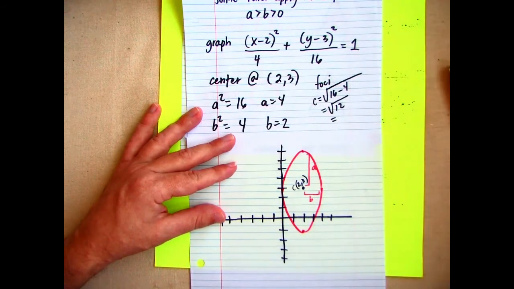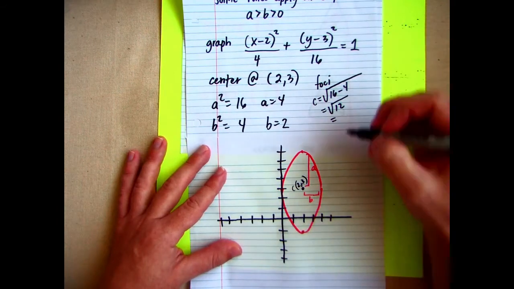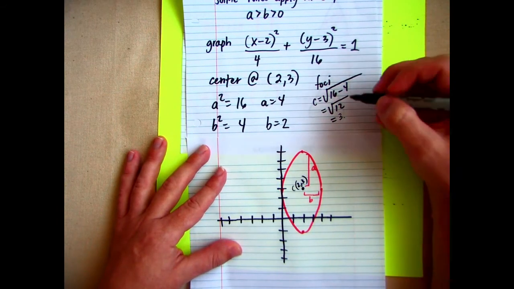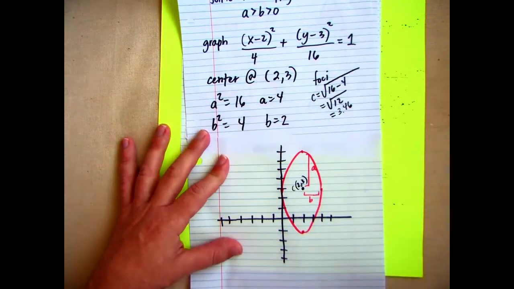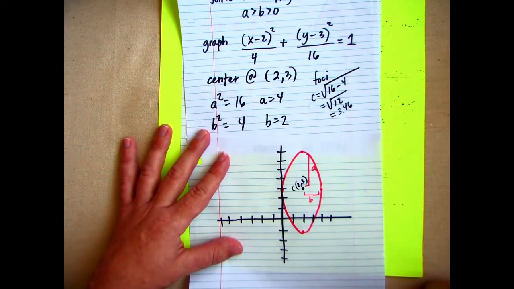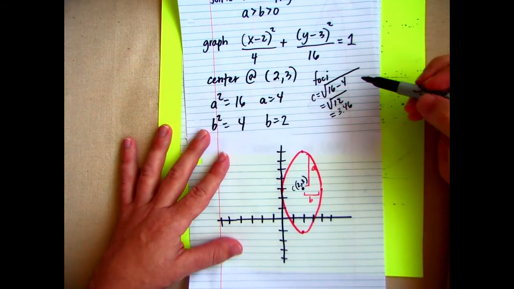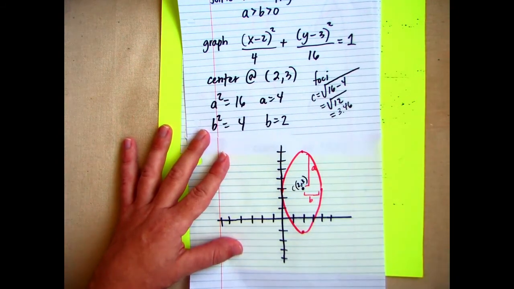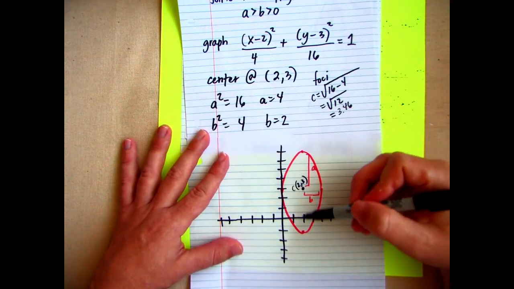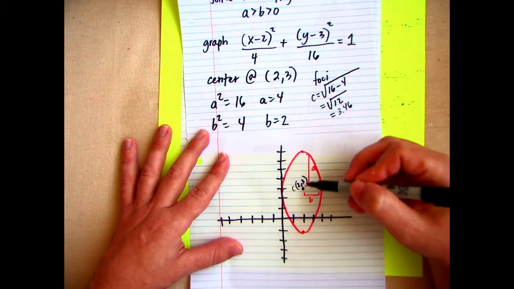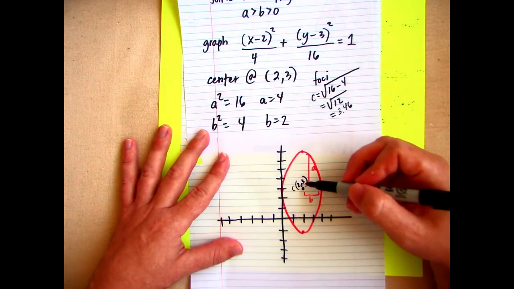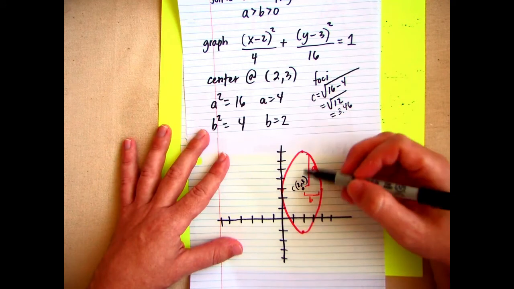So C is the square root of 12, which is about 3.46. And remember that C value is a distance from the center. And the foci go on the longer side. So the foci are going to be above and below the center.